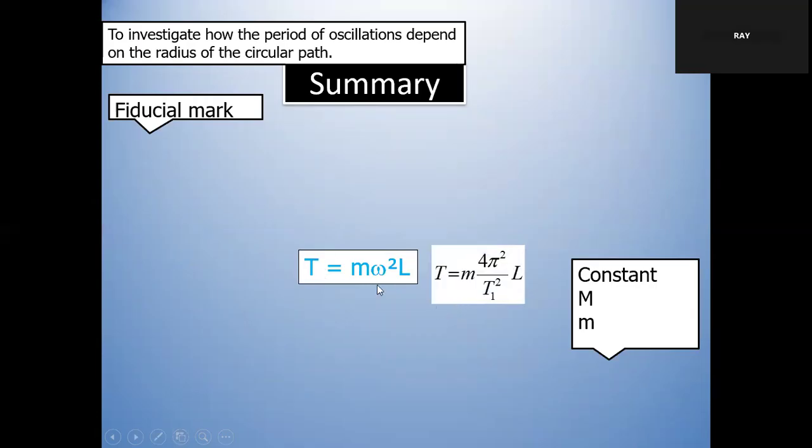They are giving you the formula to investigate how the period of oscillation depends on the radius. Rewrite the formula, replacing omega. They won't give you a direct formula. They expect you to play with the formula to get your period.